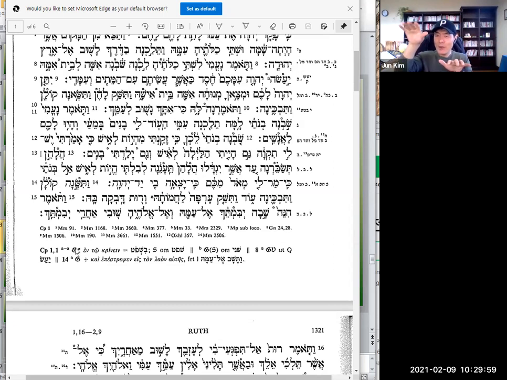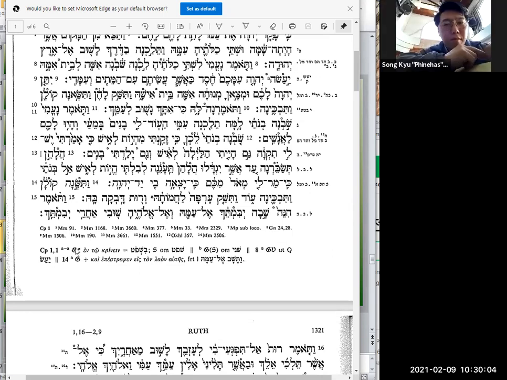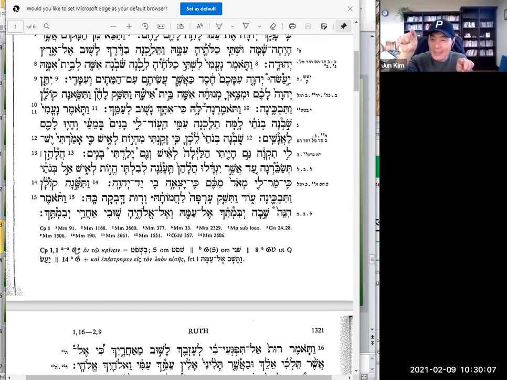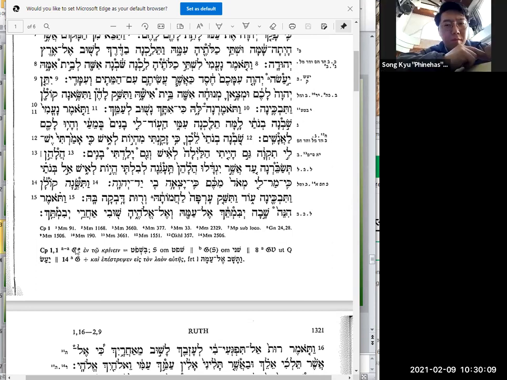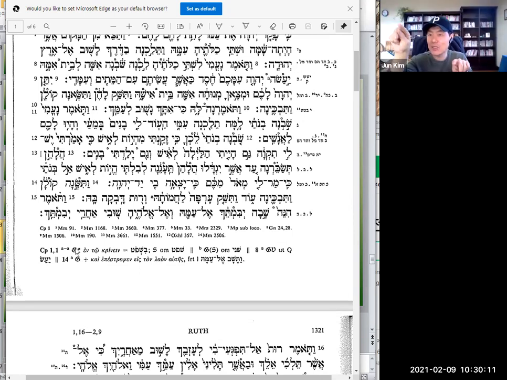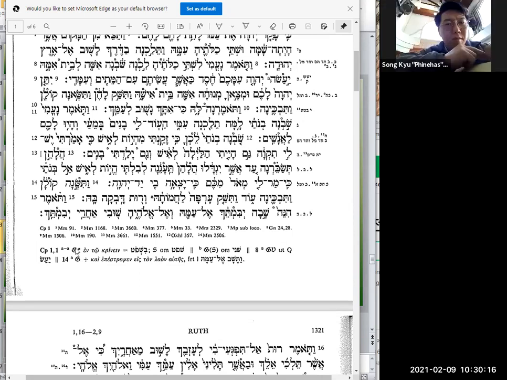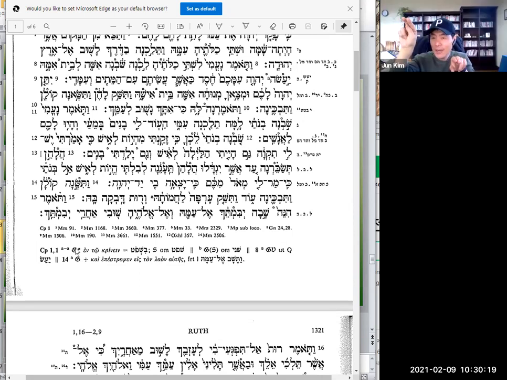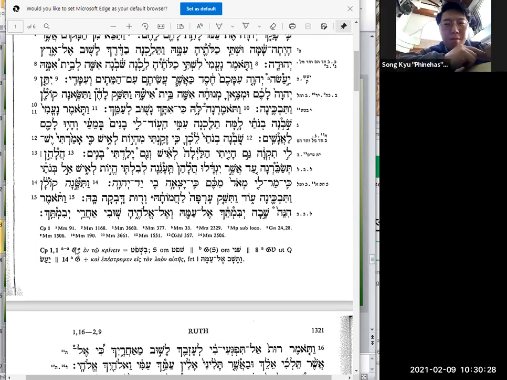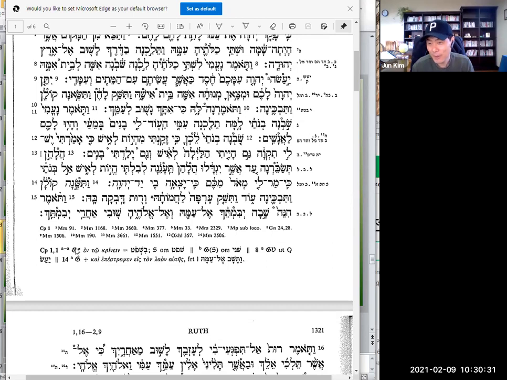When the scribe was copying the text, he was writing this part and there was an identical word happening, so his eyes immediately jumped to that part, since this is the same word. So when he was writing and copying, his eyes skipped this part. And you can say, this is the best explanation. Sometimes you will see that this part is totally gone.